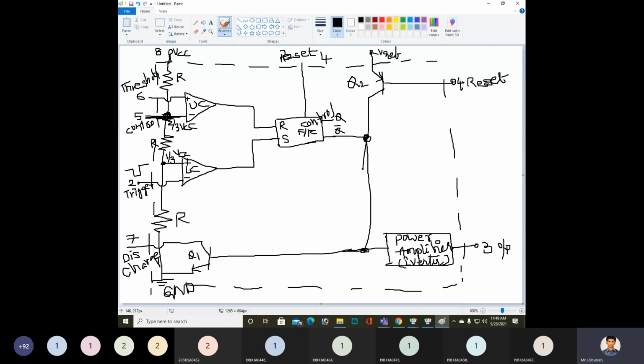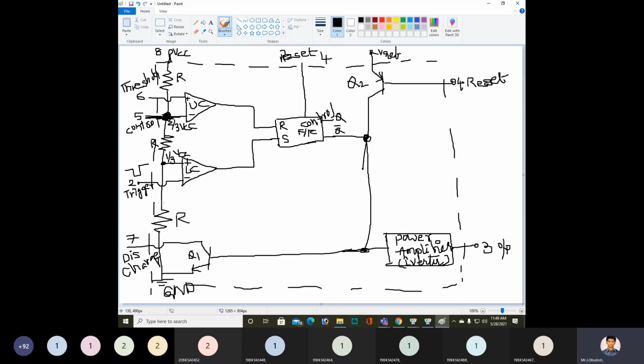This voltage is given as the reference voltage to the upper comparator. Similarly, for the lower comparator, you need to see R by 2R plus R into VCC.